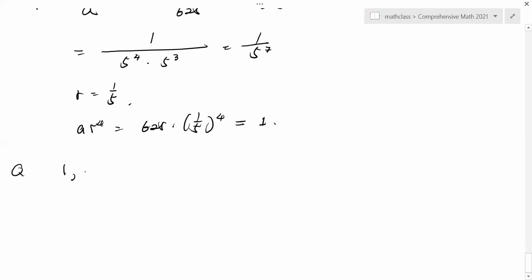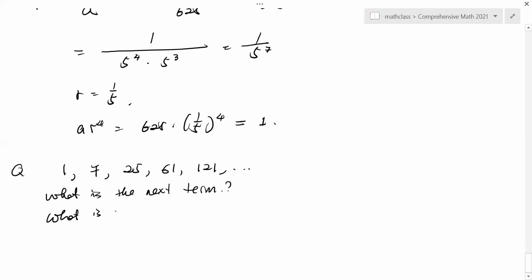We have 1, 7, 25, 61, 121, and so on. What is the next term? And what is the nth term?